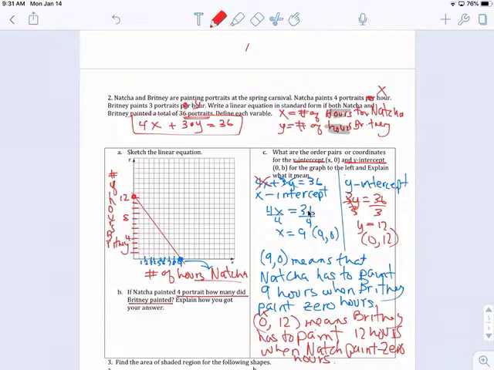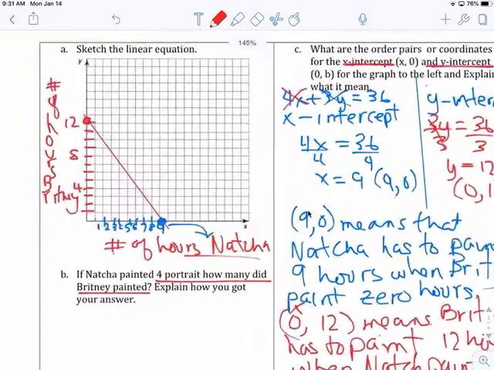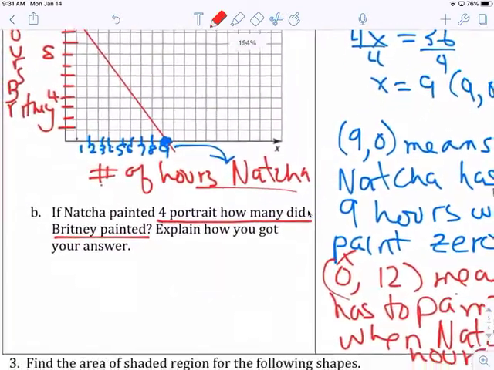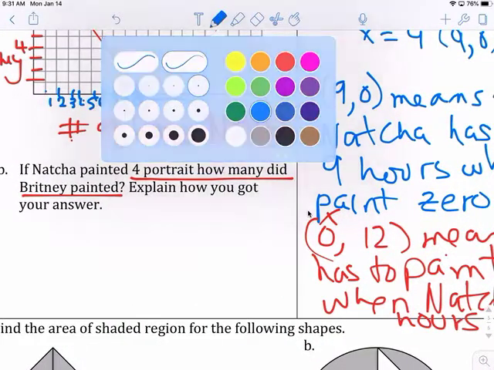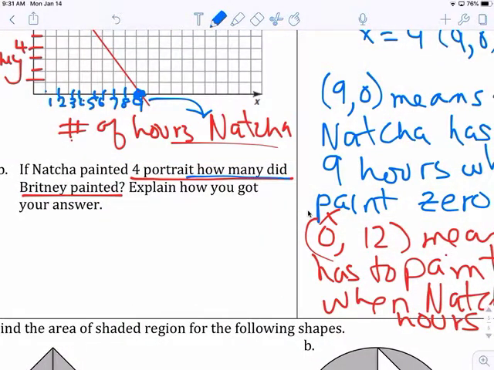If Natcha painted 4 portraits, that means she painted for 1 hour. Okay, she painted only 4 portraits. Natcha painted for 1 hour.